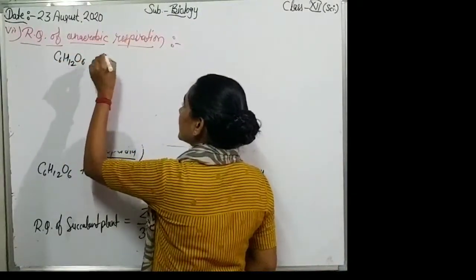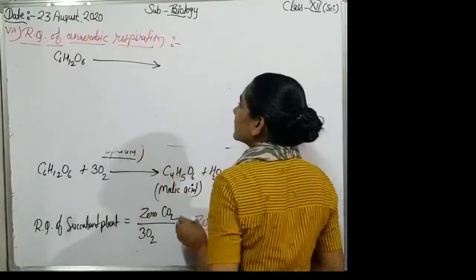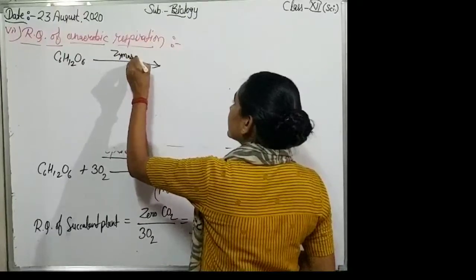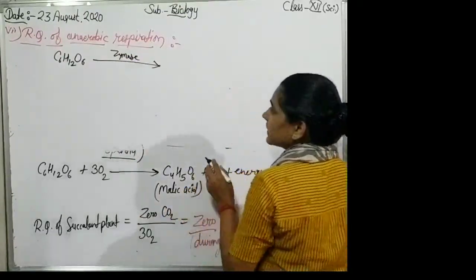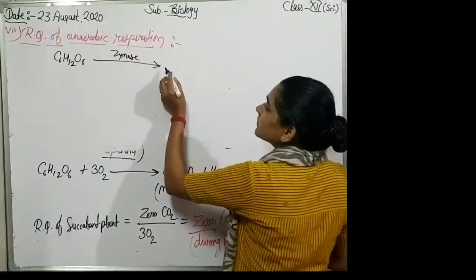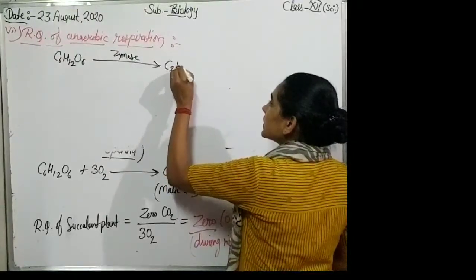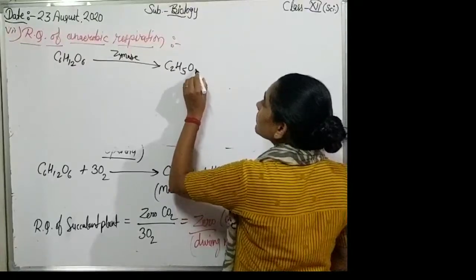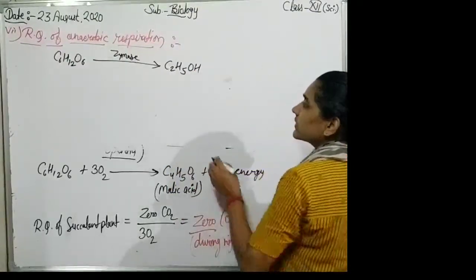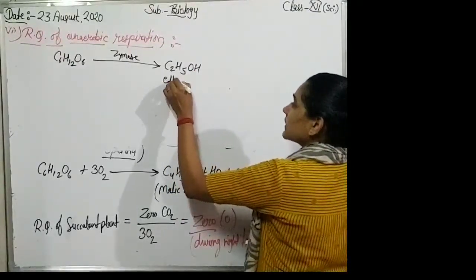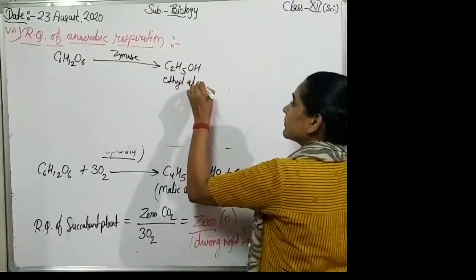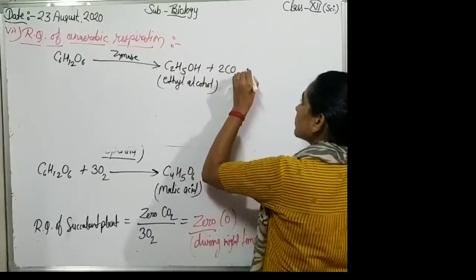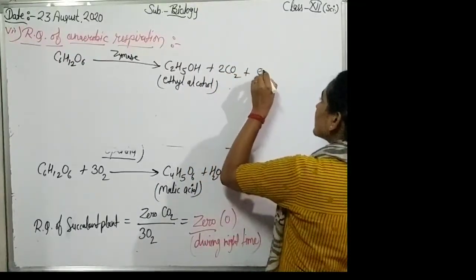C6H12O6 in the absence of oxygen, or anaerobic respiration, it means in the presence of zymase enzyme, gives C2H5OH, ethyl alcohol, 2 CO2 and energy.